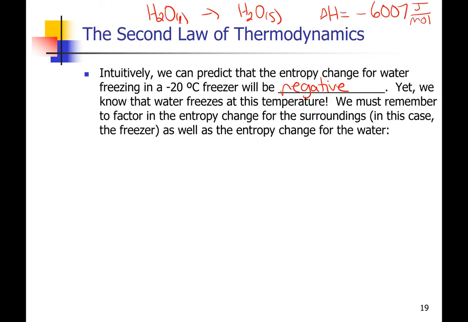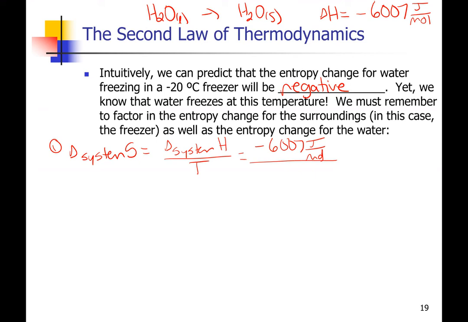And we were therefore able to calculate the entropy change for the system by saying that that would be equal to the enthalpy change for the system divided by temperature, which is negative 6,007 joules per mole, divided by the water itself in the act of freezing is at 0 degrees Celsius, so 273.15 Kelvin, which gave us negative 22.19 joules per mole Kelvin.